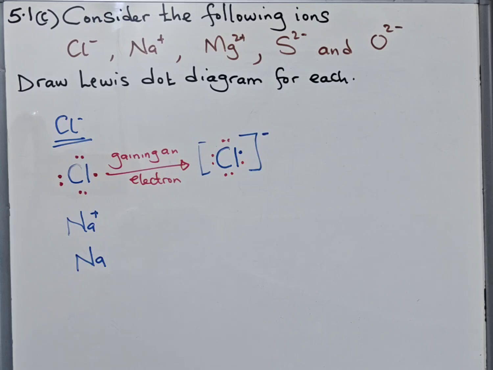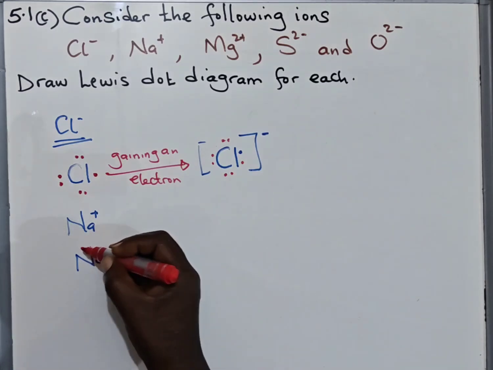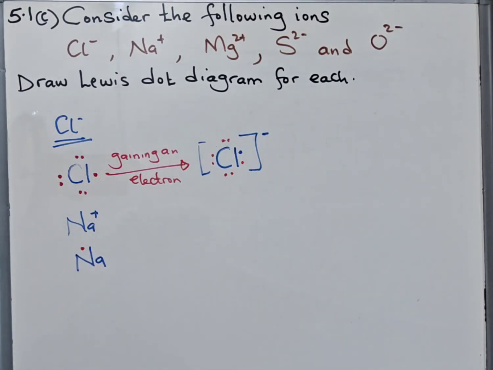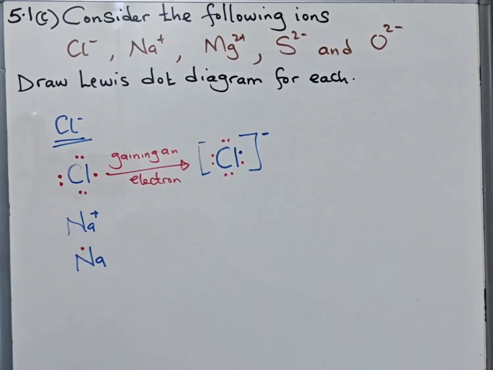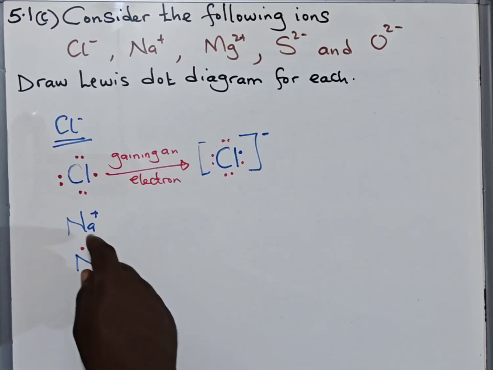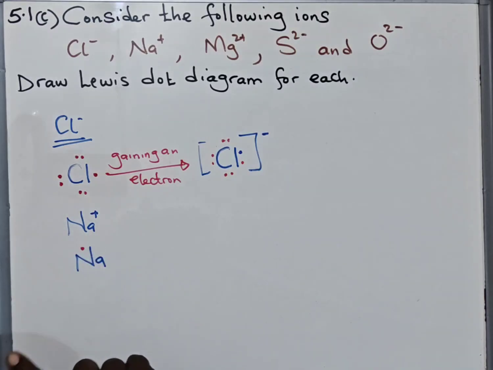Group 1 has only one valence electron, like that. So when an atom has one electron, it has two choices: either to gain 7 so that it can have 8 around it, or to lose 1.